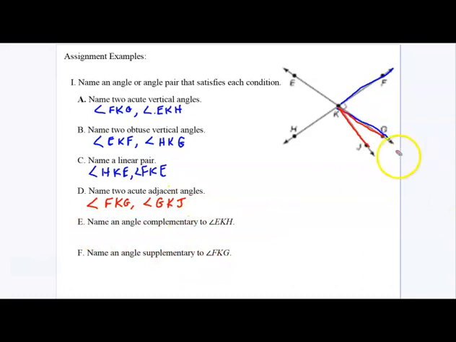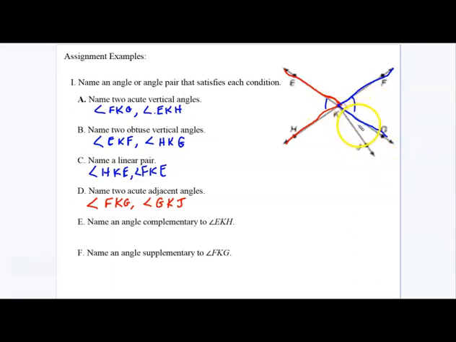Name an angle that is complementary to EKH. Let's highlight EKH. If you recall, complementary means that they have to add up to 90 degrees. One way of looking at this is EKH is a vertical angle with FKG, which means they have the same measurement. They are congruent.